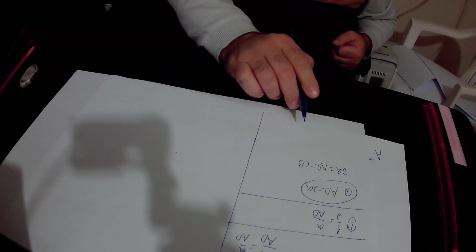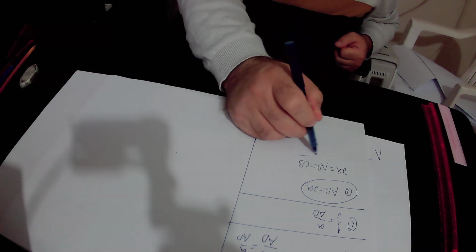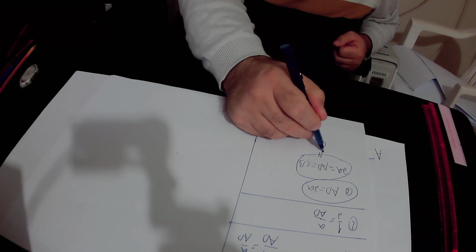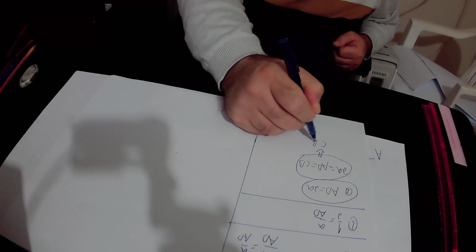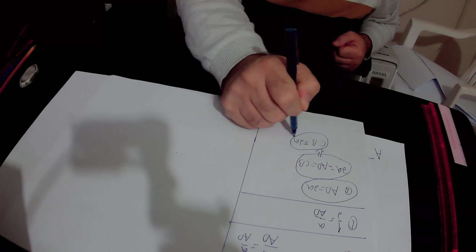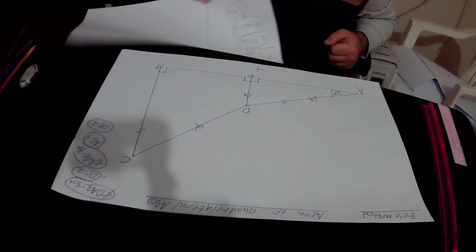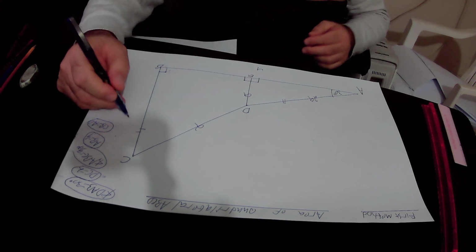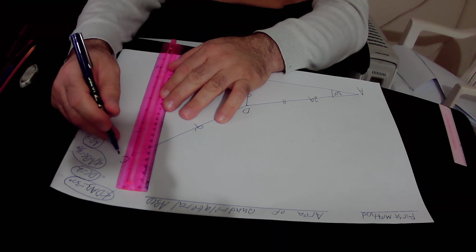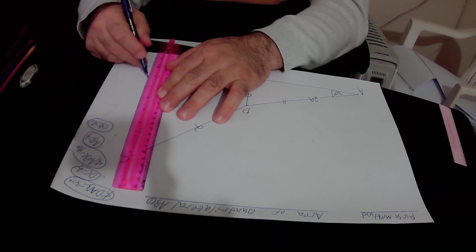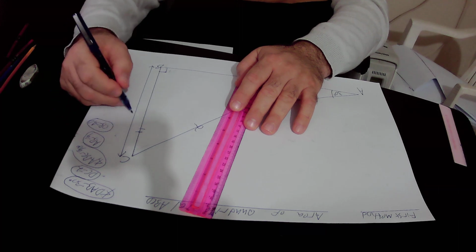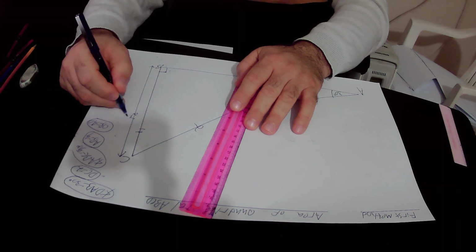So from this equation, we will derive that CB also equals 2A. So we can write here that CB equals 2A.